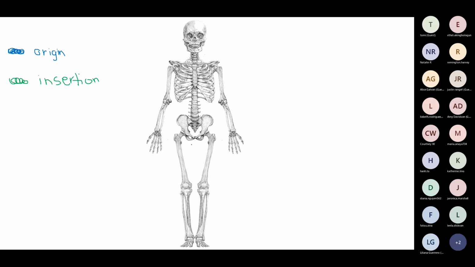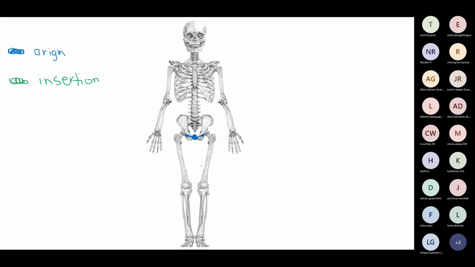So the pubic bones are the ones in the front. The pubic crest is the top of these bones. And in between the two halves of the pubic bones, there is that fibrocartilage called the pubic symphysis. This is my origin of the rectus abdominis muscle.